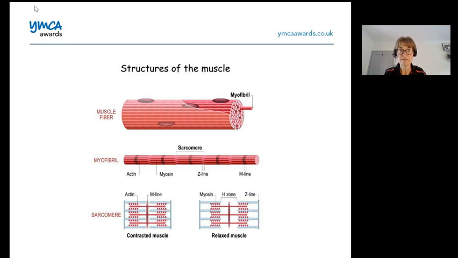So here again is another image of the muscle fiber showing the many different myofibrils, and then going down a structural layer, it shows each individual myofibril, the sarcomere, and the sarcomere comprising actin and myosin. There are many different zones and lines that you don't really need to know at this level, but it's quite interesting to help you understand why it has different stripes and why muscles look different when they're contracted compared to when they're relaxed.